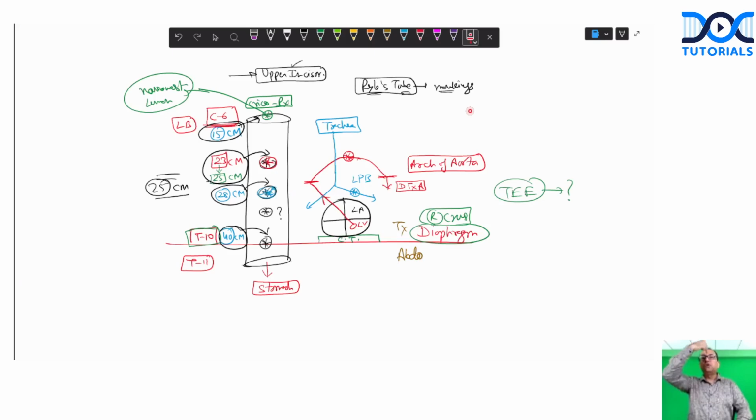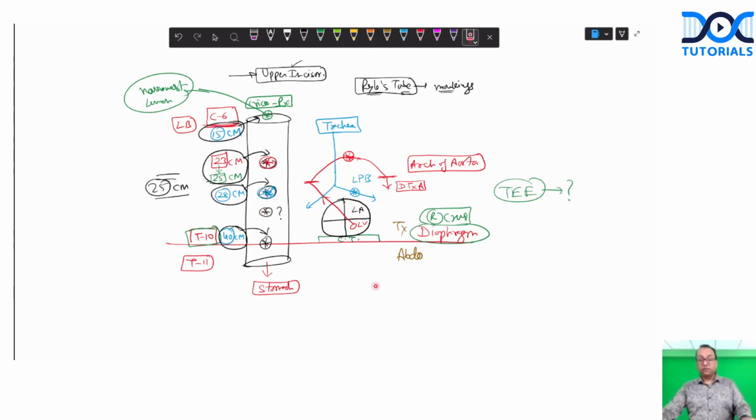But what is the first chamber you see? It is the left atrium only. The left atrium is in close approximation to the esophagus, and if it is hypertrophied, it will compress the esophagus. It can result in dysphagia, left atrial hypertrophy. So in transesophageal echocardiography, the first chamber you see is the left atrium. That is again a question.